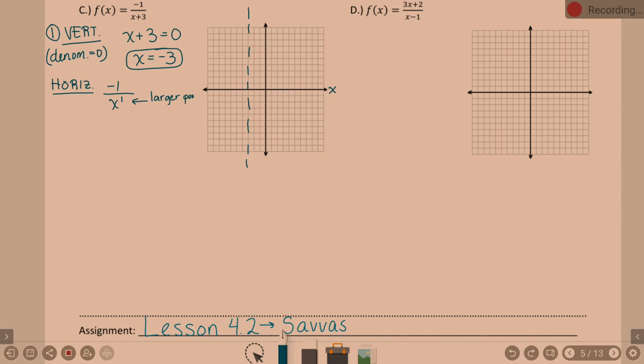Larger power on bottom. Okay, we haven't done this one today. It's on the front of your paper if you need to go back. Larger power on bottom means y equals 0. That's the rule from the front page, yes? So y equals 0. That is the same as the x-axis, yes?